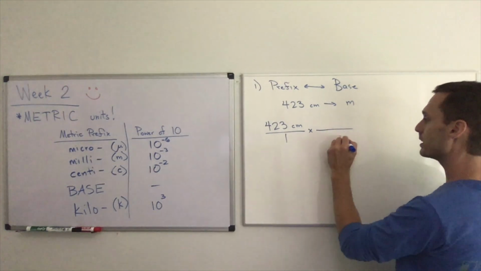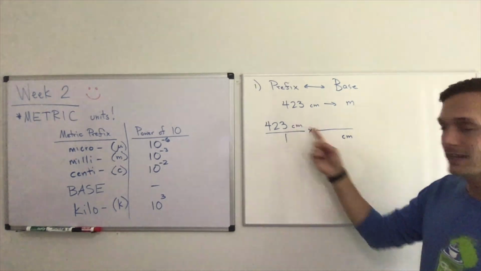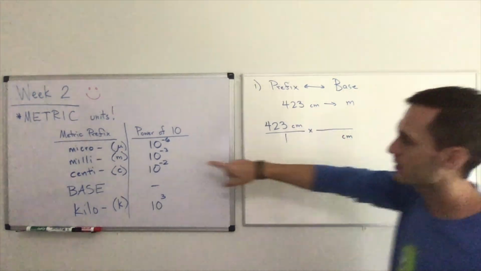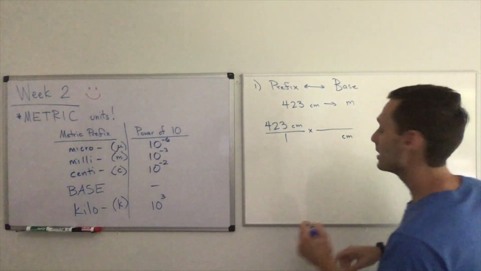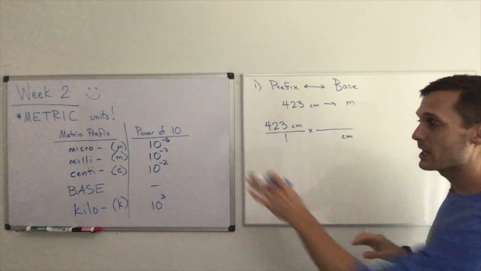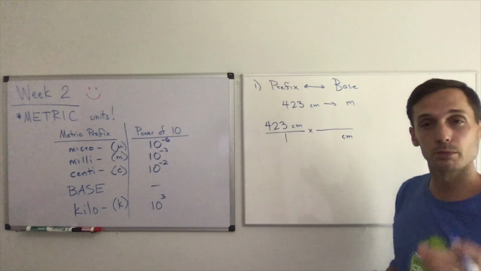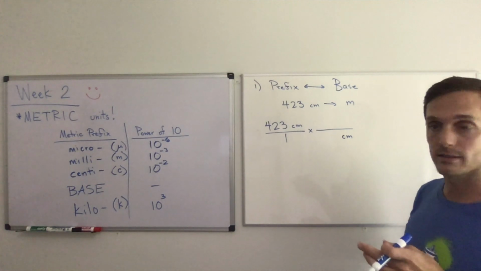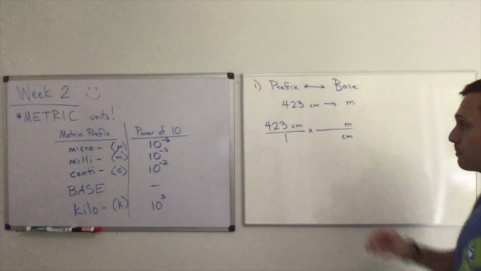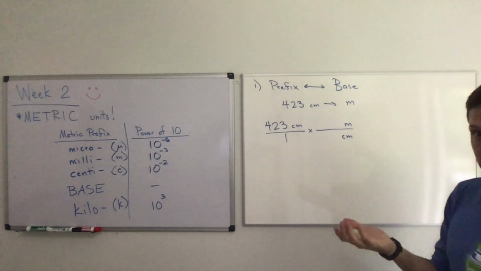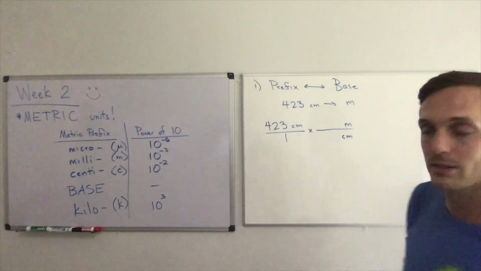But we know in terms of units, we're going to need centimeters on the bottom so that it cancels. And because of this power of 10 that we have listed over here, the only thing that we can use those powers of 10 for is to go from the prefix to the base. Okay? So we're going to have to go to meters here because that is the base. Luckily, that's what we're trying to get to. Okay? So that satisfies our problem.